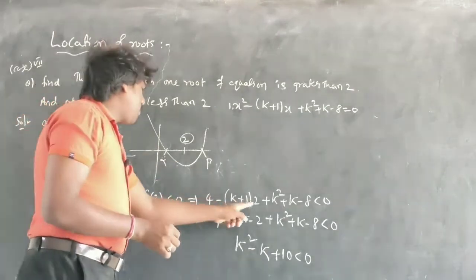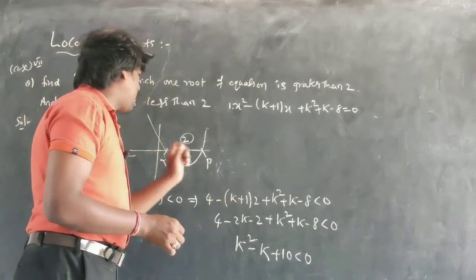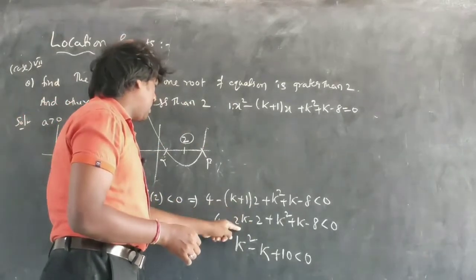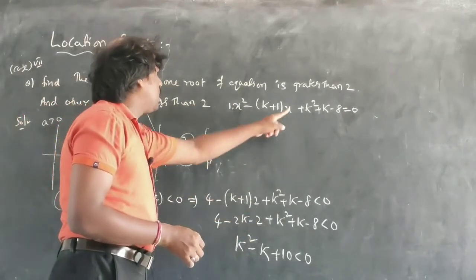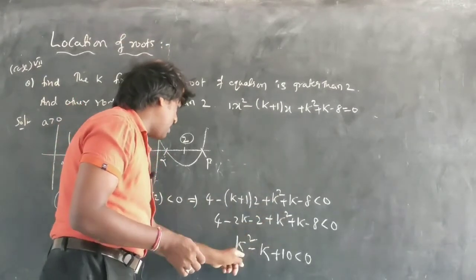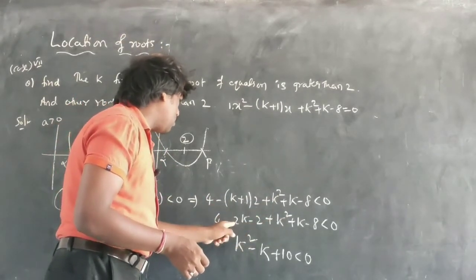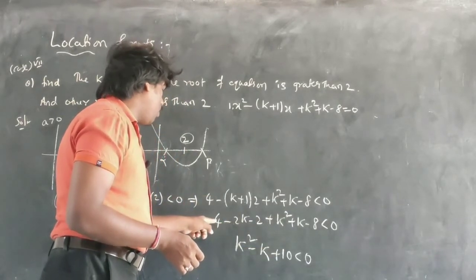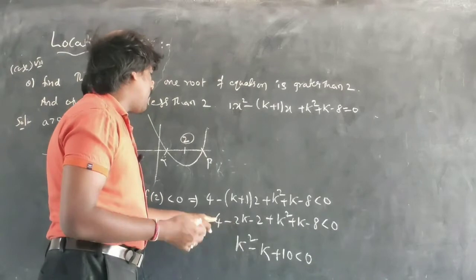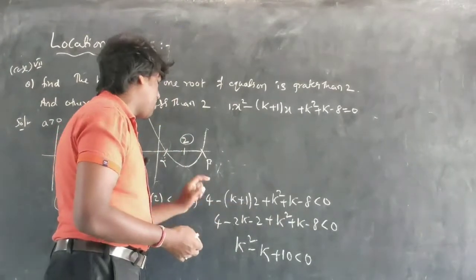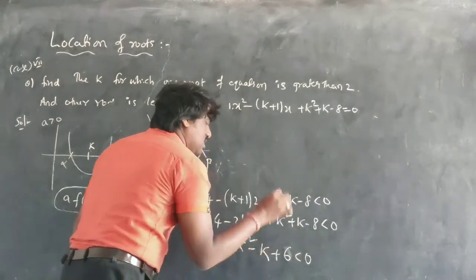What do I get here? 2 square is 4, 4 minus 2k minus 2 plus k square plus k minus 8. That's it. So you get k square, and you have minus 2k plus k, that is minus k, and you have 4 minus 8 minus 2. So minus 10 plus 4 is 6. So this is 6 less than 0.